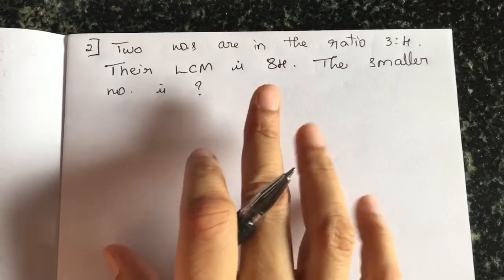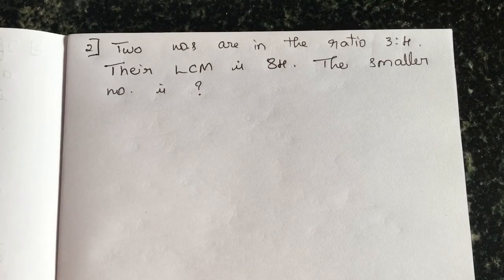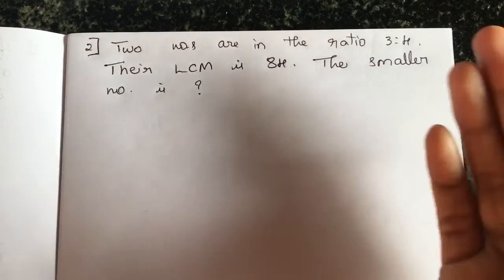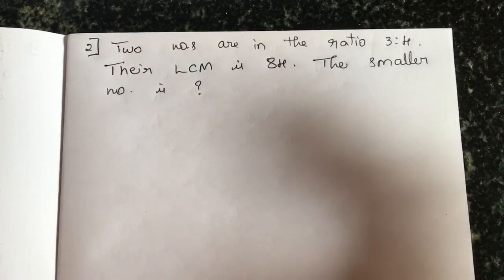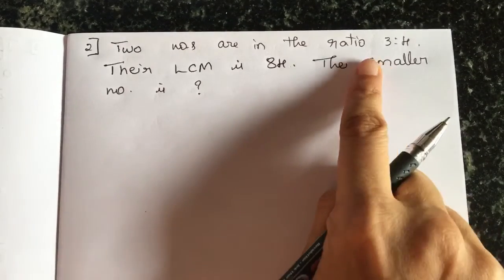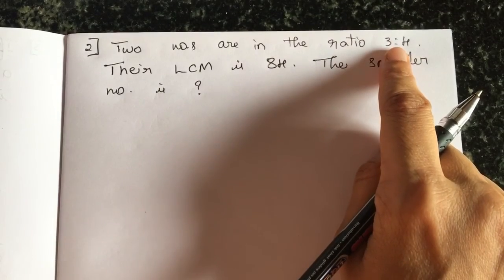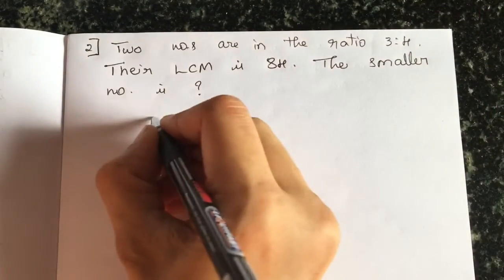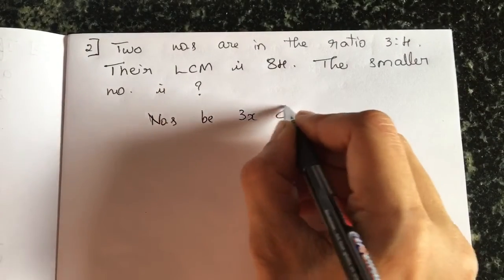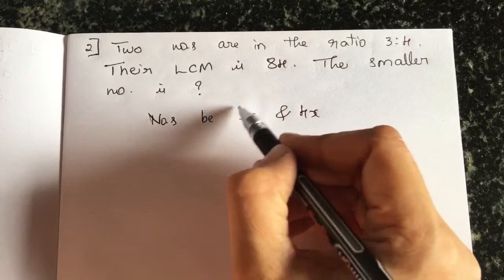See, these types of problems are asked. Two numbers are in the ratio 3:4 and their LCM is given. Sometimes they'll give you the HCF, or both LCM and HCF, and you need to find the numbers. When you don't know the numbers, you assume from their ratio that the numbers are 3x and 4x. The smaller number is asked, so I need to calculate 3x.